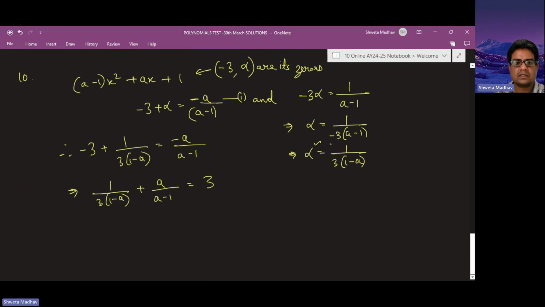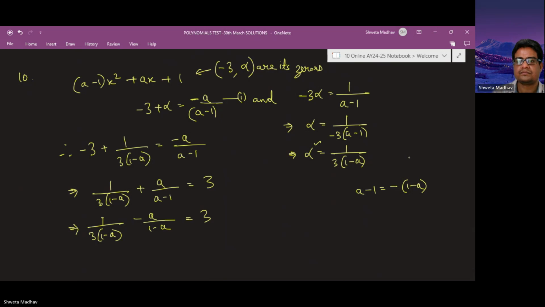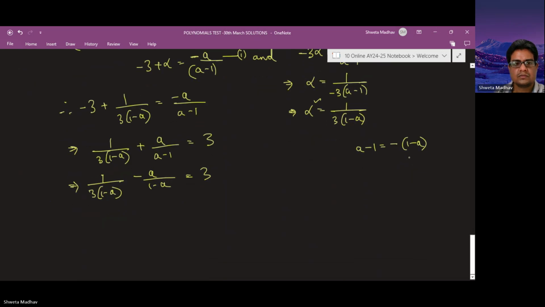Now this I can write as 1 by 3 into (1 minus a) plus a by 1 minus a equal to 3, since a minus 1 can also be written as minus of (1 minus a). So now we have to take the LCM.